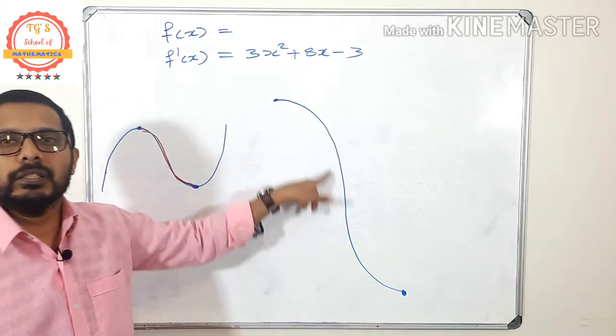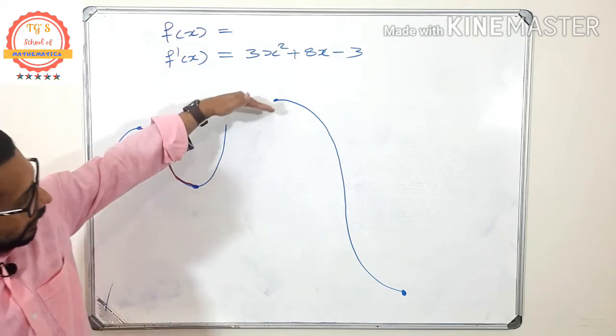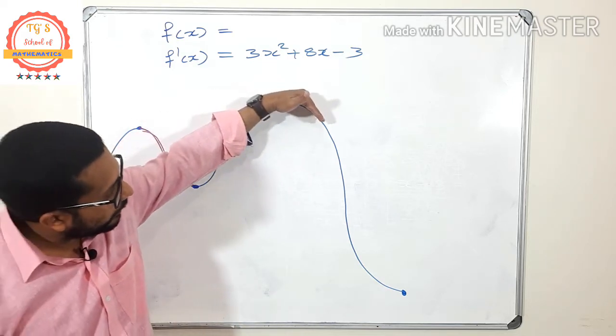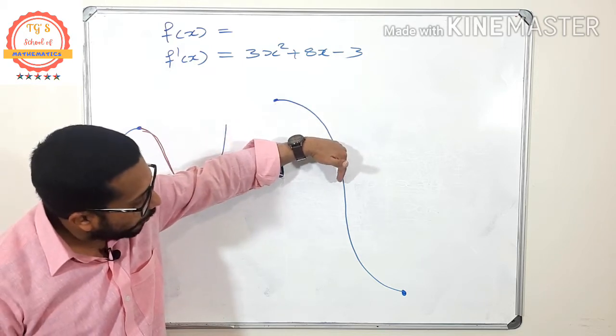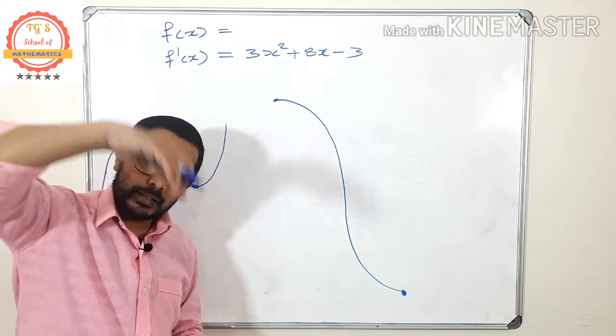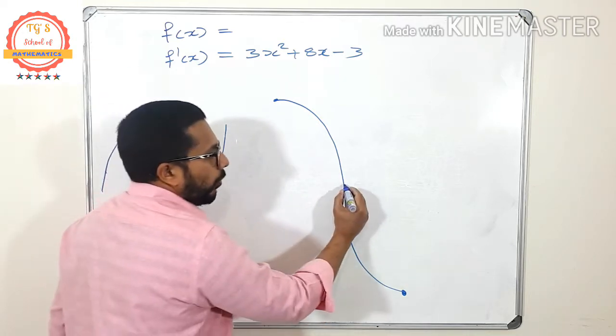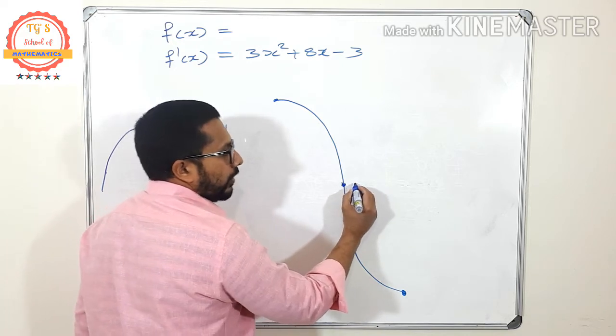The graph is coming like this, and at a certain point it is changing. It is coming like this, then at a certain point it is changing like this. And that point is known as what?